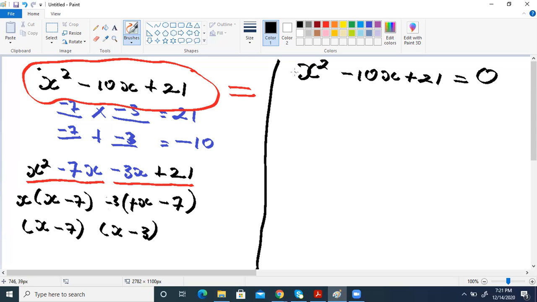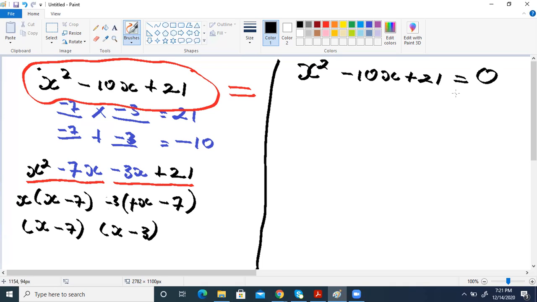In this case, our coefficient is 1 because there's nothing beside it. You have minus another term here, which is usually x, plus another coefficient, in this case minus 10, plus c, which is just a number. And it's equal to 0, right?